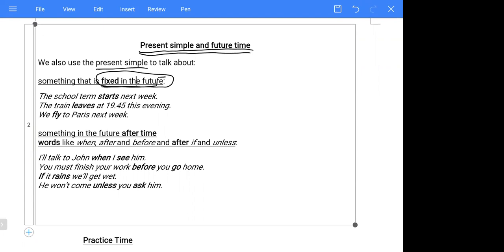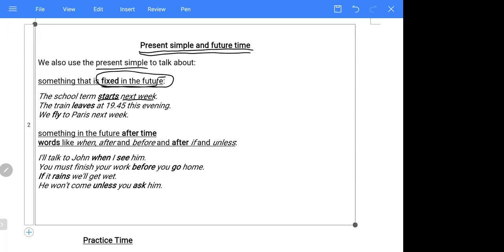So maybe you can use that specific timing to talk about when class begins. Let's say it was supposed to be next week. So you can say the school term starts next week. Starts is simple present tense, but it's talking about the future, next week.